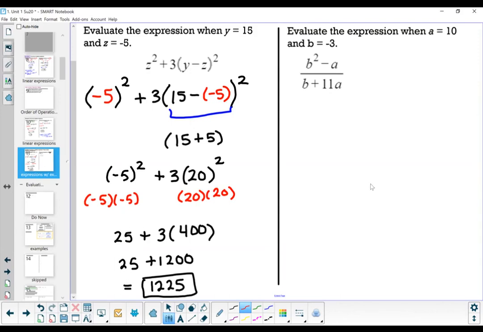So I'm going to do the substitution. I'm going to put parentheses for my b, and that exponent outside of the parentheses. So in parentheses, I'm putting -3.